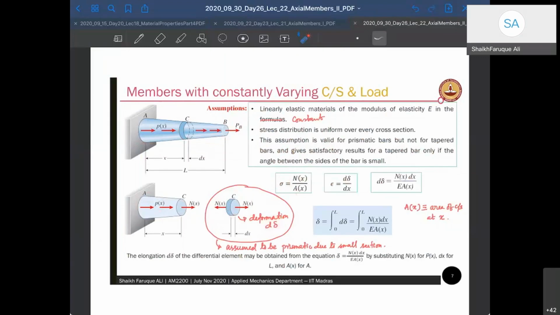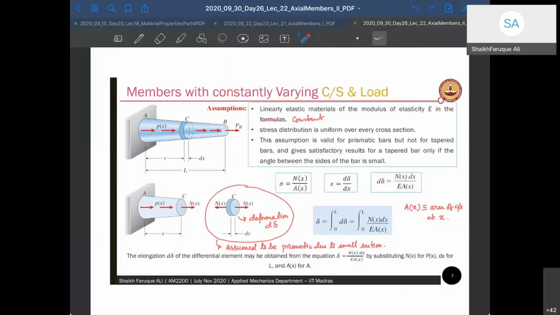So this is the strain. Therefore, d delta, using that formula, is going to be PL by AE. P is my Nx, A is my Ax, and L is dx, because this is the small area, and E you can assume to be Ex, or constant, it doesn't matter. It depends on what is given.